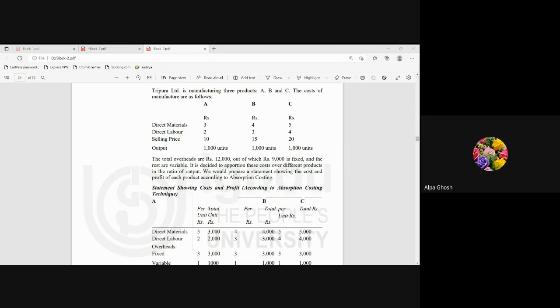There is an additional expenditure of rupees 12,000. Out of this 12,000, 9,000 is your fixed expenditure, and the balance, 12,000 minus 9,000, which is 3,000, is your variable expenditure.